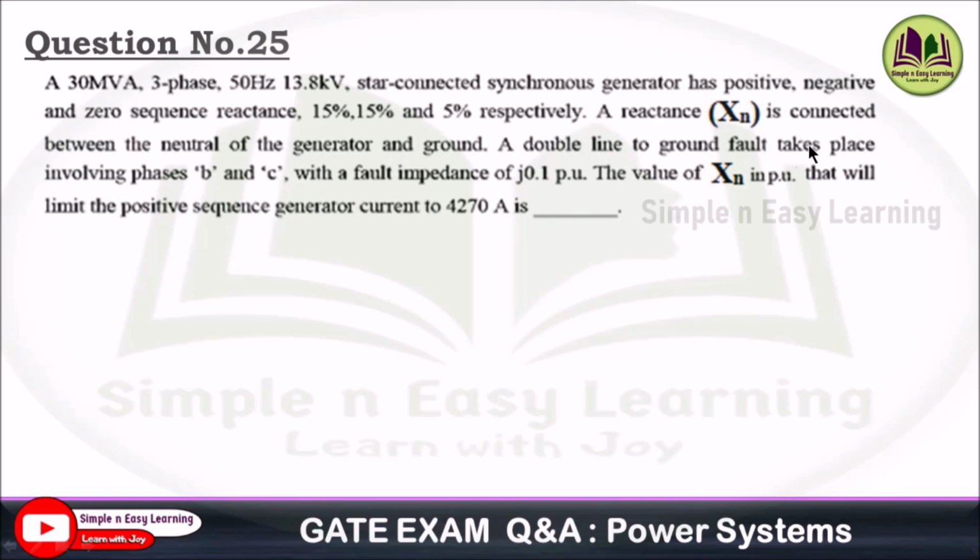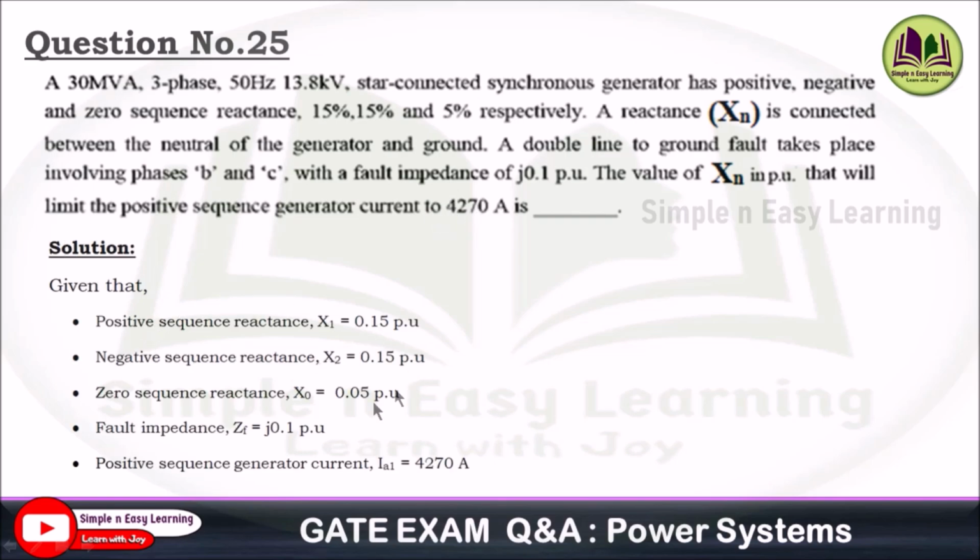A double line to ground fault takes place involving phases B and C with a fault impedance of j0.1 per unit. The value of Xn in per unit that will limit the positive sequence generator current to 4270 ampere is asked in this problem. Here also we are going to find the Xn value, or in terms of impedance, the Zn value. The positive sequence generator current is given in amps, that is 4270.